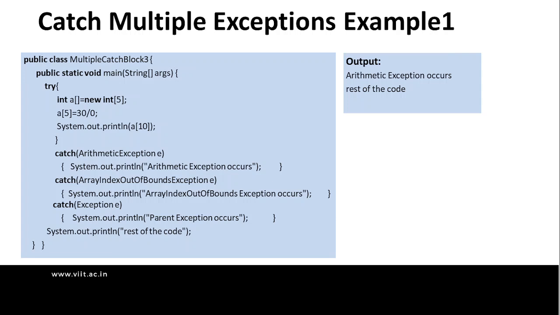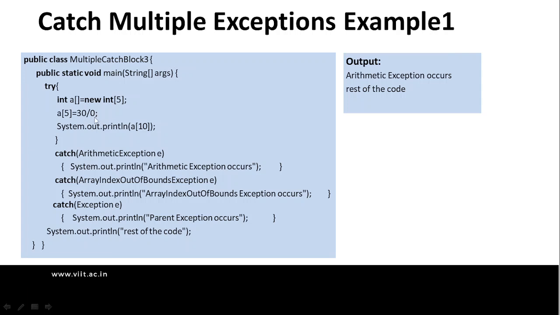Then catch ArrayIndexOutOfBoundsException, and the last one is the general parent Exception. If you see, the ArithmeticException will occur because it occurs very first, as assignment happens from right to left.